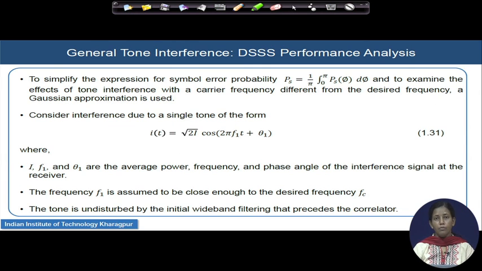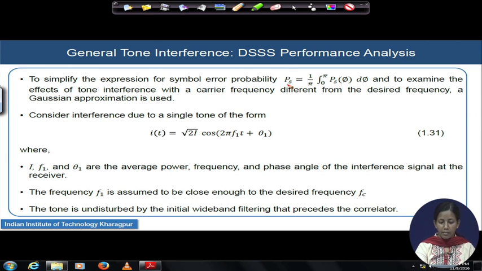Remember, in the last module we understood that the symbol error probability takes the form Ps is equal to 1 by pi integrated over 0 to pi of Ps phi, where Ps phi is the symbol probability conditioned on phi, and phi is the relative phase of the interfering signal relative to the desired signal.